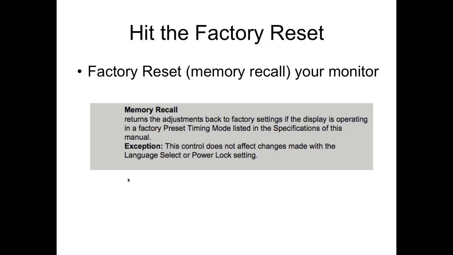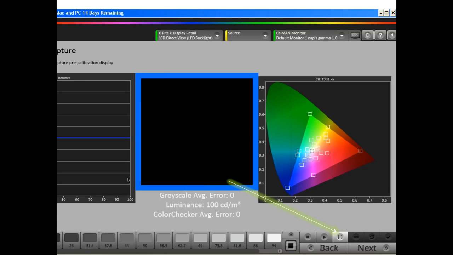You may not need to do this if you've just plugged it in, but this way all sites have the exact same settings on the monitor. And if ever you're worried or it looks like the measurements are weird and maybe somebody adjusted it, the idea is just do the memory recall, do the factory reset, and you should be back where you started.